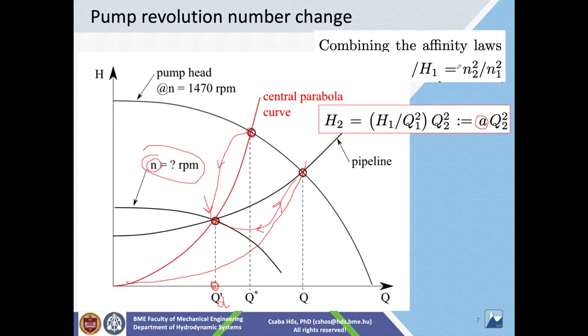Okay, so you know H2, you know H1, and you know the second revolution number. It doesn't matter which one is 2 and which one is 1, so you can easily work out N1 or the other way around. And if you happen to use the flow rate equation, so Q2 over Q1 is N1 over N2, then you'll get the very same revolution number.